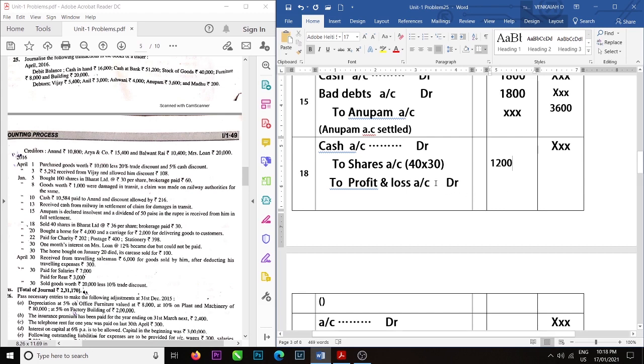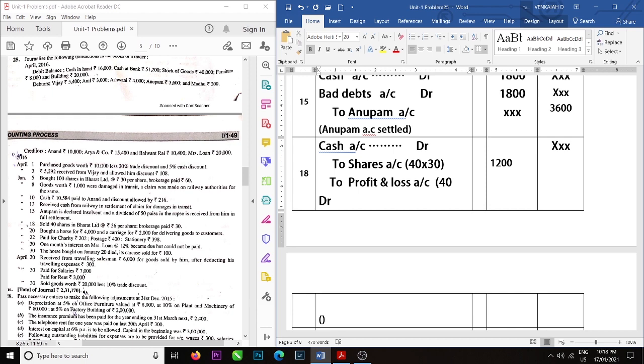How many shares did we sell? 40 shares. Profit is how much? 6 rupees, so 240. 1200 plus 240, then the cash we received by sale of 40 shares is 1440.